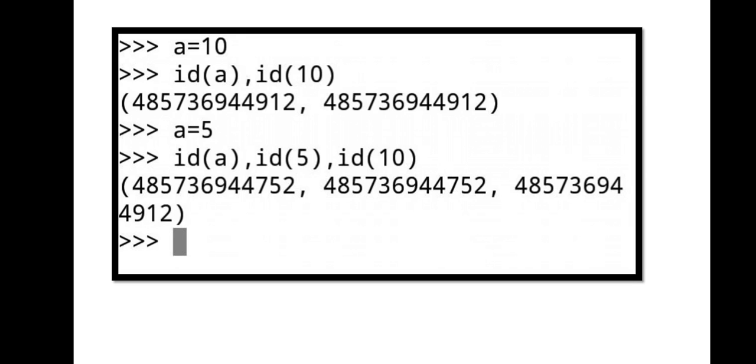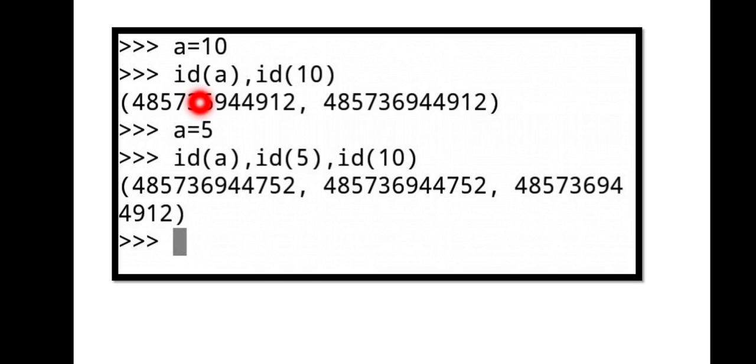See, in this example, I have taken a variable a, that means a is equal to 10 I have created. That means a is a numeric variable, right? And number is considered to be an immutable data type. So when I have assigned 10 to a, I have checked the address of the memory location of a as well as the memory location of 10.